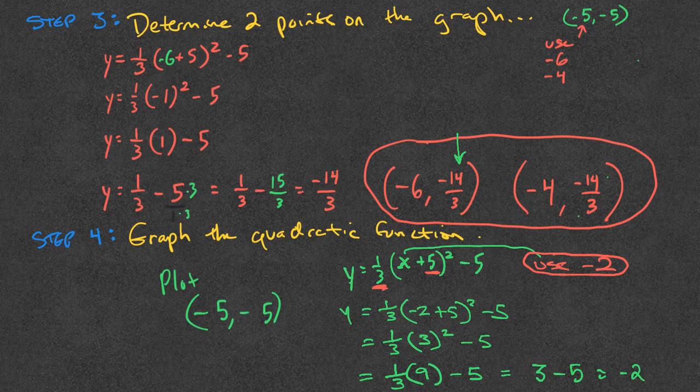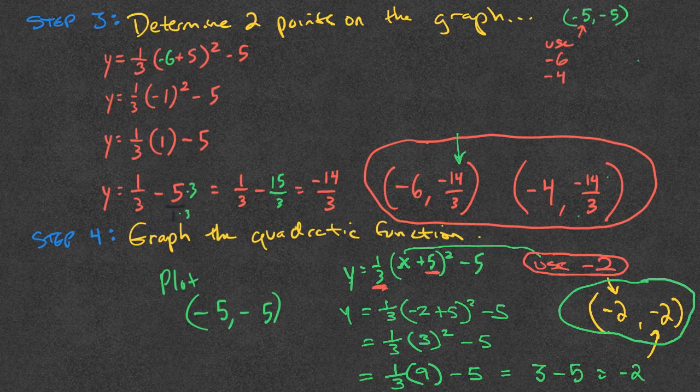So the ordered pair that you get out of all that is, we had negative 2 for x, and then we ended up with negative 2 for y. That's just a coincidence that they ended up being the same, so don't just assume that they're going to be the same. They won't always be. But basically what you'll do is you'll plot negative 5, negative 5, and then you'll also plot negative 2, negative 2.